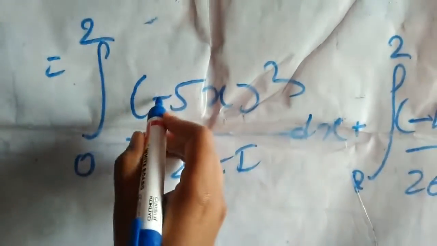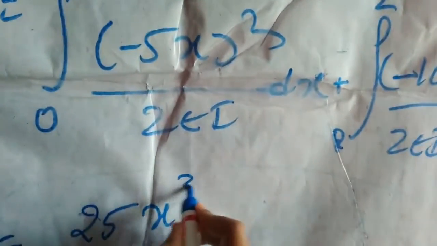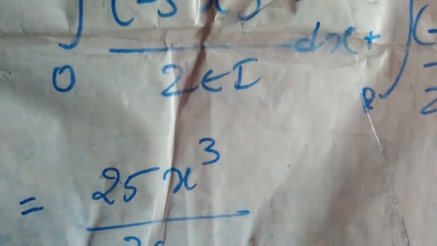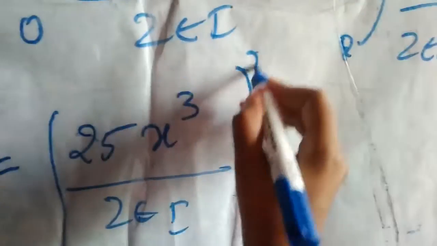So simplify this integration. As it is squared, it will become a positive 5 square, 25, and x square will become x cube by 2EI, and you can substitute the limits 0 to 2.